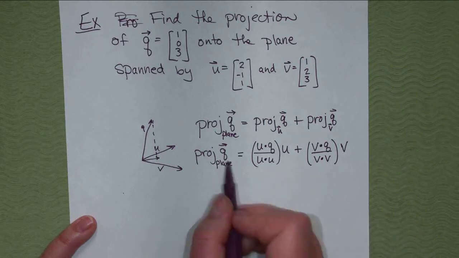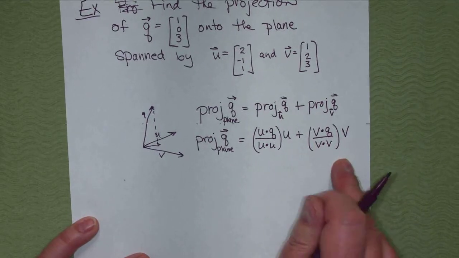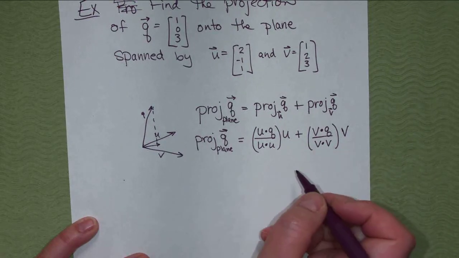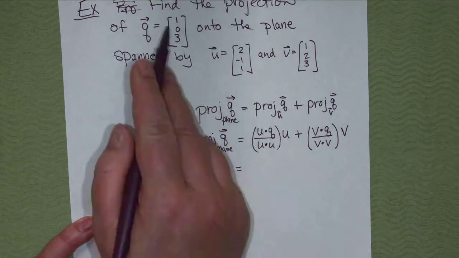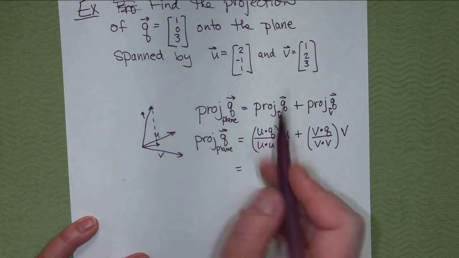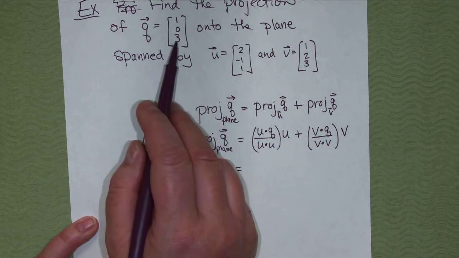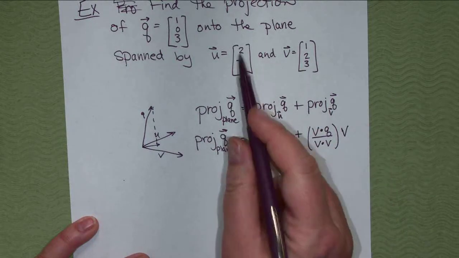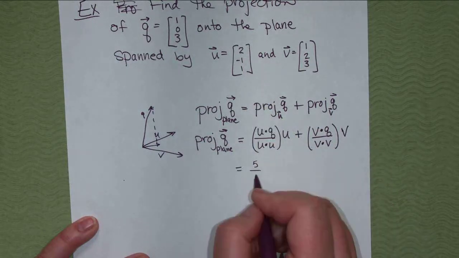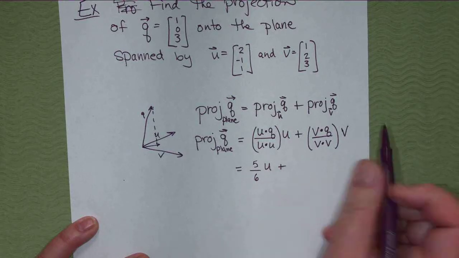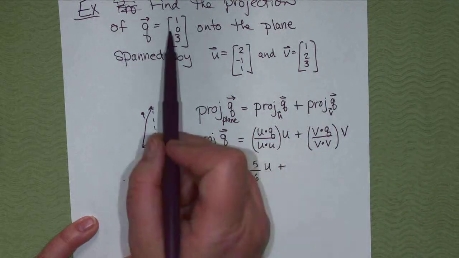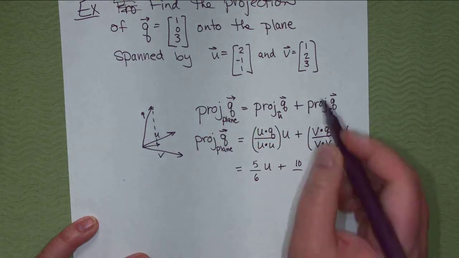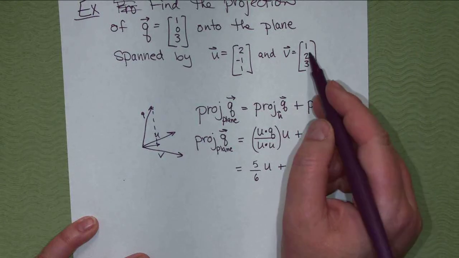So once you find the answer, you just write it out like that with your numbers. So if we just did this, U dot Q, 2 plus 3 is 5 over U dot U, 4, 5, 6. 1 and 9 is 10 over V dot V is 9, 14.